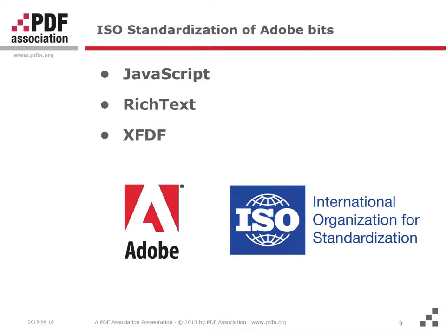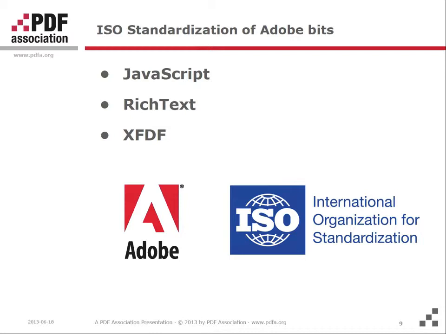Adobe could just design a new version of JavaScript for Adobe Acrobat or whatever, and then you'd have a new version. It felt more natural to arrive at a state where something like JavaScript would also be controlled by ISO. Not that Adobe would screw up all the time, but it just makes more sense if everything else is an ISO standard to have that as an ISO standard too.